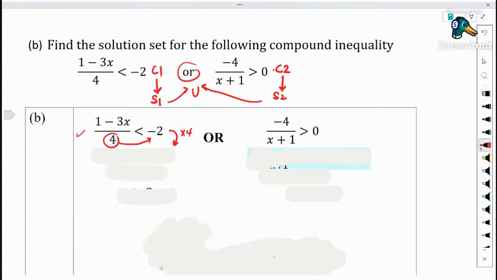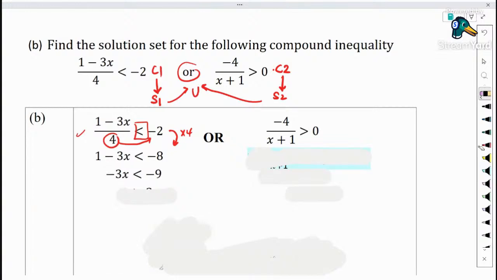But in this example it is very clear: 4 is positive. So we know that if I multiply by 4, it won't change the direction of the sign. So I have minus 1 minus 3x less than negative 8.